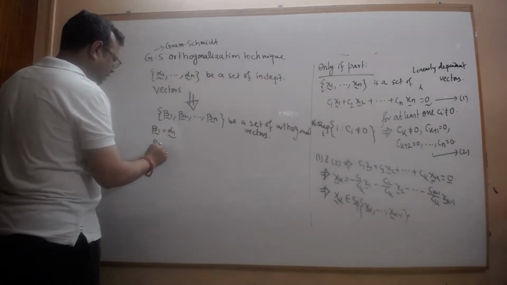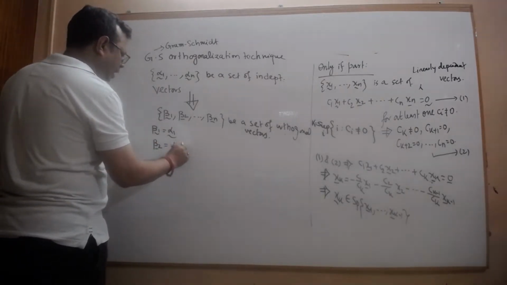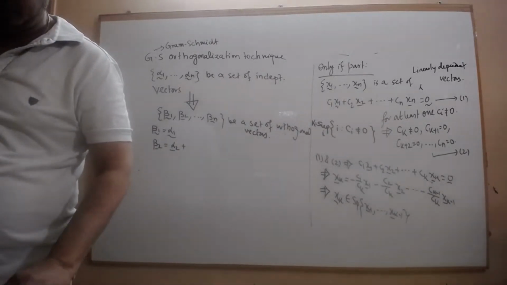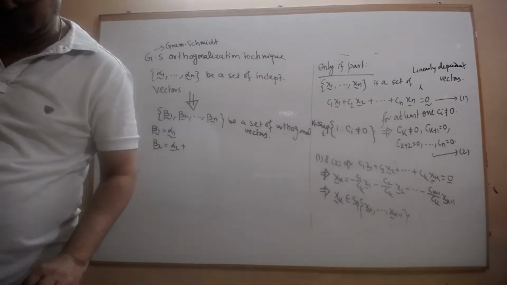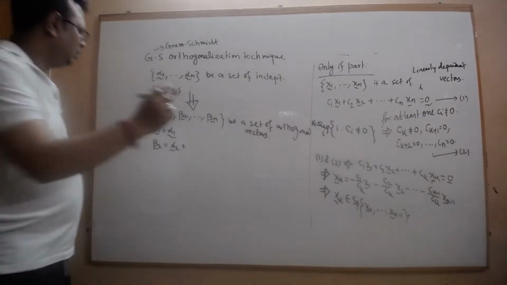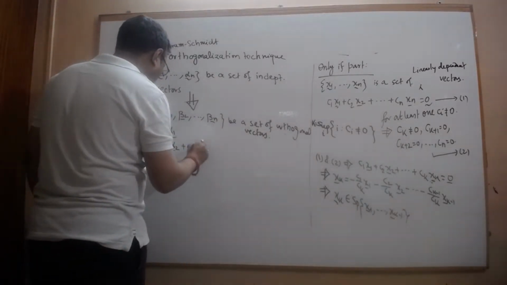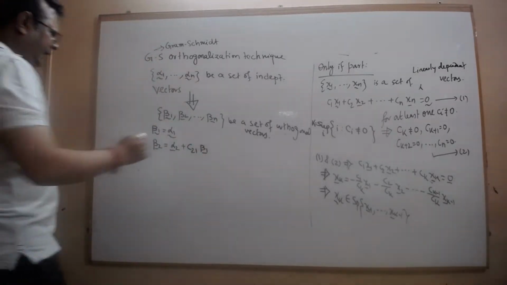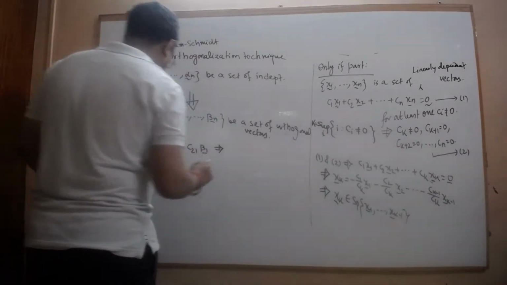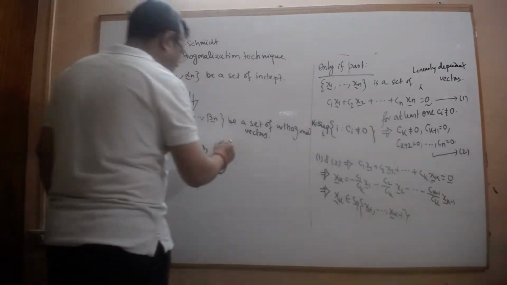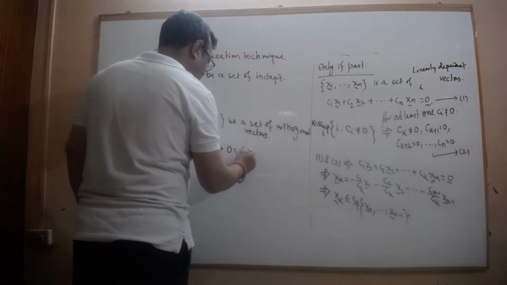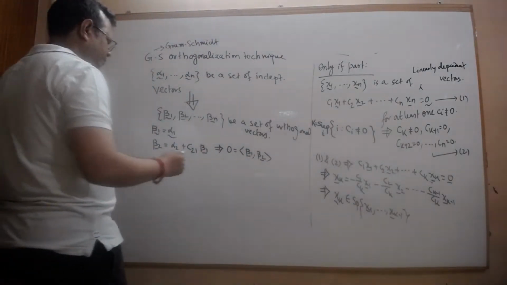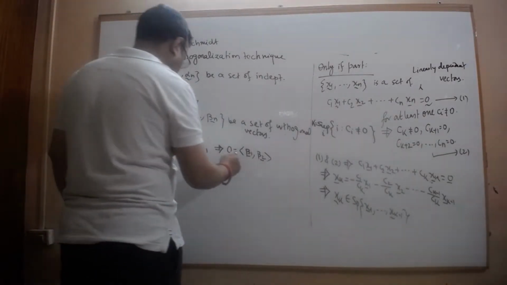Next, beta 2 curl equal to alpha 2 curl plus C21 beta 1 curl, and since beta 1 and beta 2 are orthogonal, we already know the scalar product of beta 1 and beta 2 should be 0.